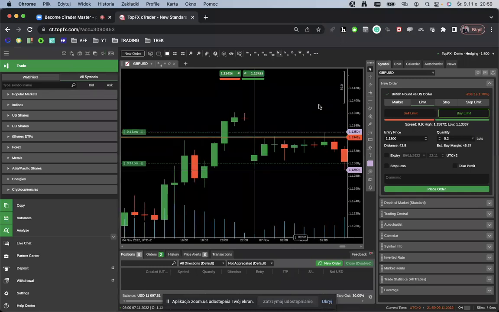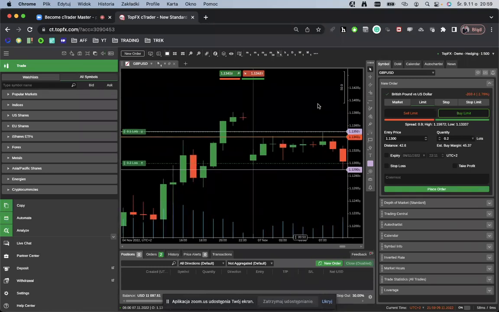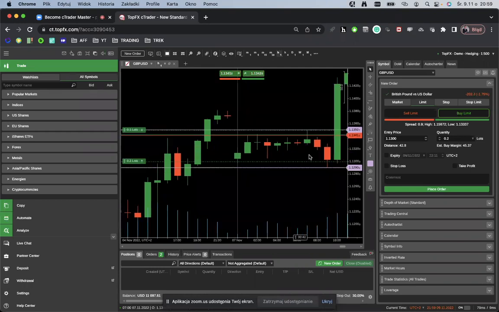You see here, the market is going down, you place a buy limit order, your order gets filled, and your entry price is even better because it's 1.13, so it's 50 pips better, and you're already in the trade from almost the very bottom.